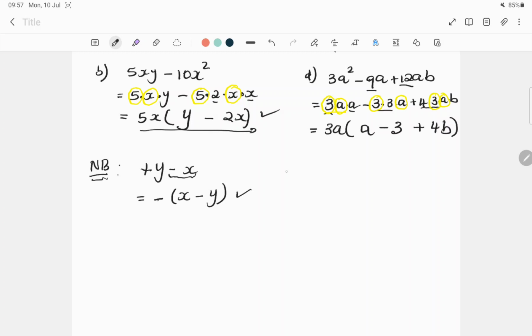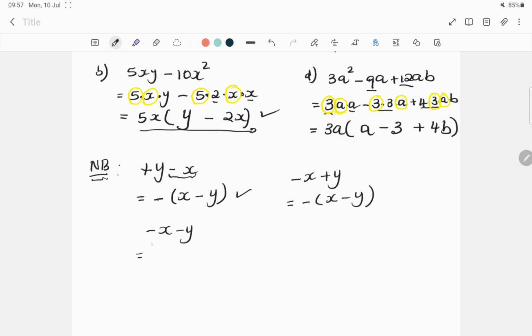And also note that minus x plus y, still you take out negative as a common factor, which is negative. Then it will become what? x minus y. This one you do not switch them. And then let's say also you have negative x, negative y.